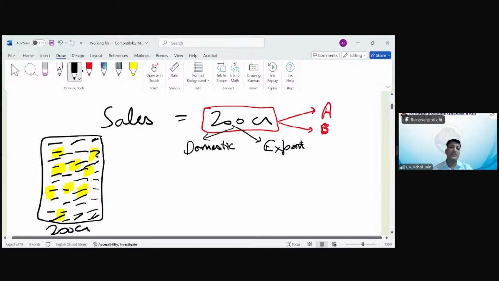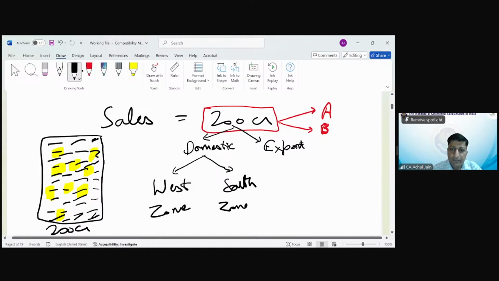Further, even in respect of domestic sales, there are basically two zones wherein the sales are taking place: west zone and south zone. Okay. Now, this is how the sales are spread.